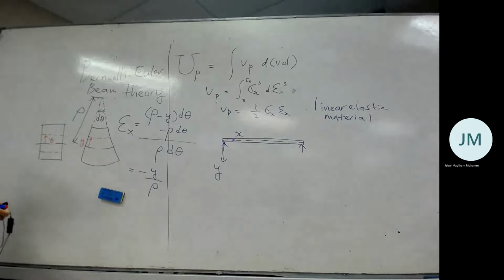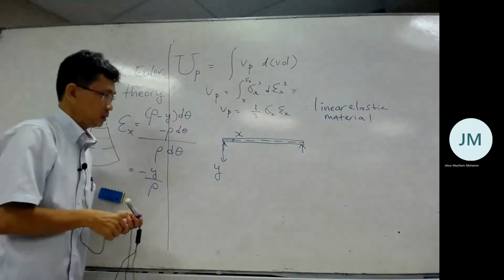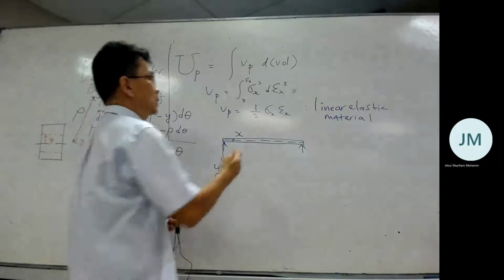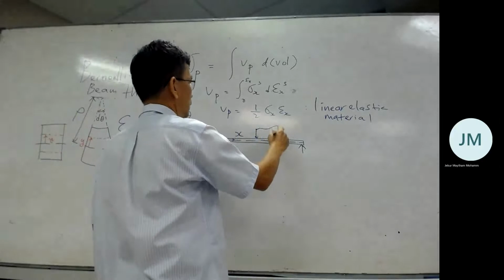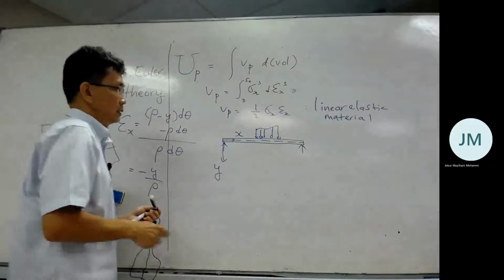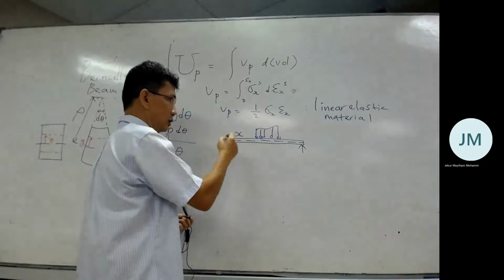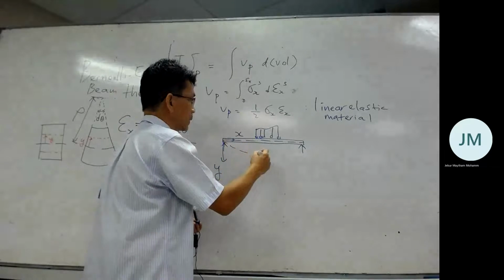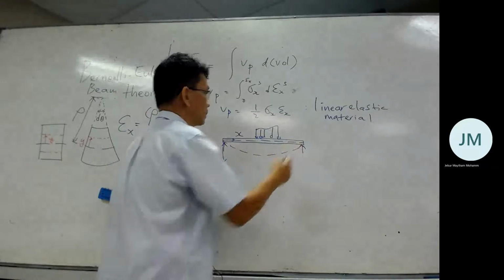So x is the axis, y is the deflection. Under particular loading, for example a loading like this, the beam will bend, and the neutral axis will become like this.